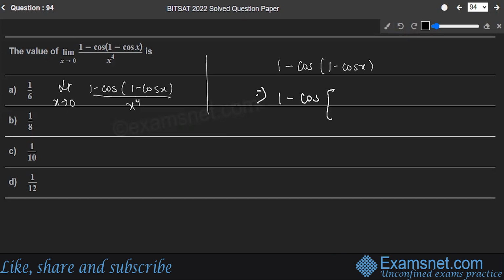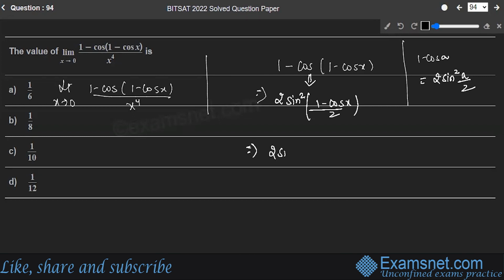See, wait. 1 minus cos a is equal to 2 sine square a by 2. So this thing now can be written as 2 sine square 1 minus cos x upon 2.